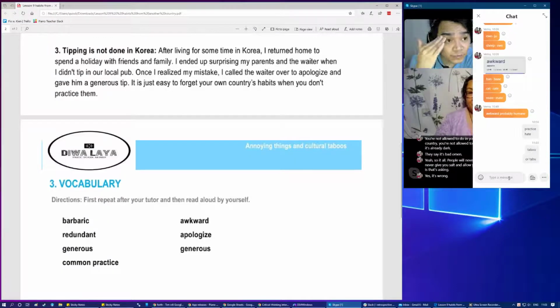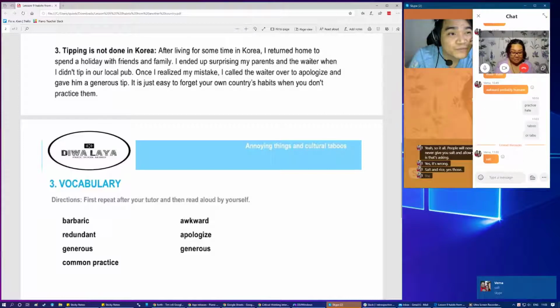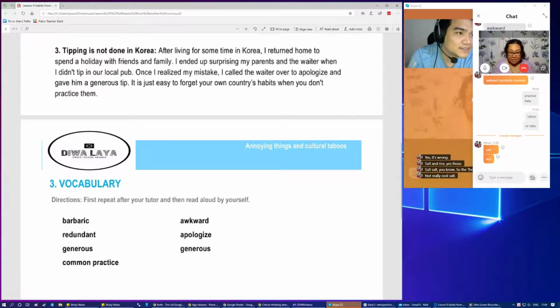Salt, the one that we eat, not fish sauce, rock salt. Yeah, and rice.